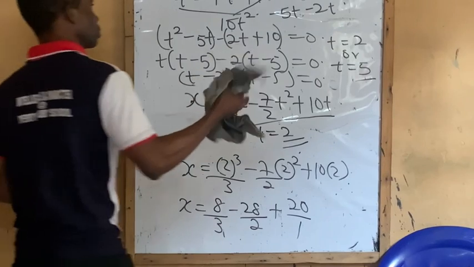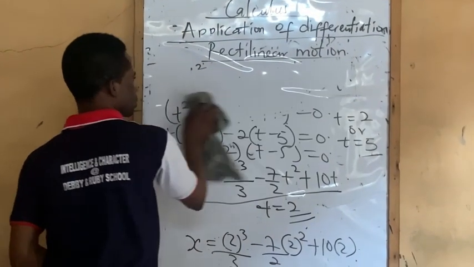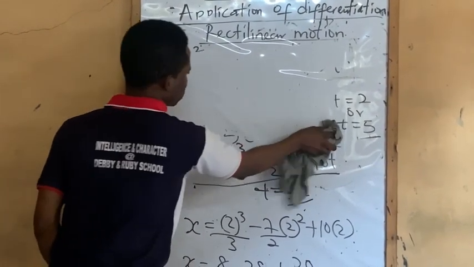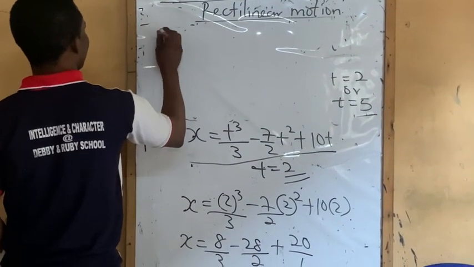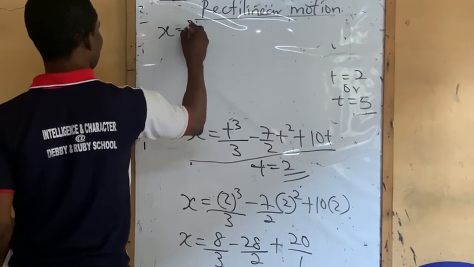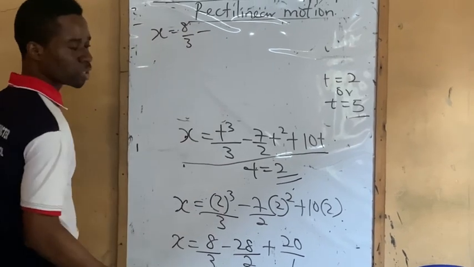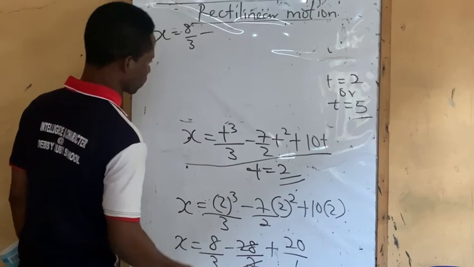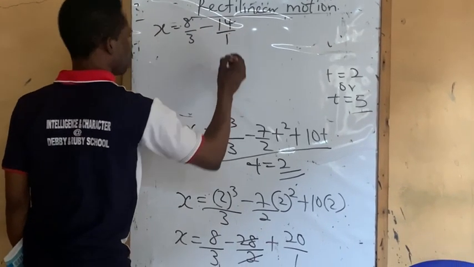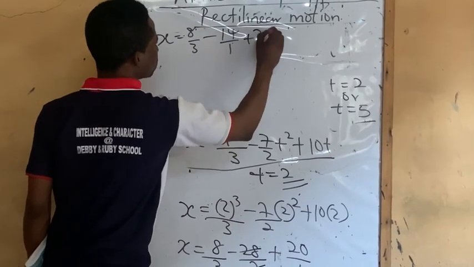So x equals 8 all over 3. If I were you, I will reduce it: 28 over 2 is 14. So minus 14 all over 1 plus 20 all over 1.